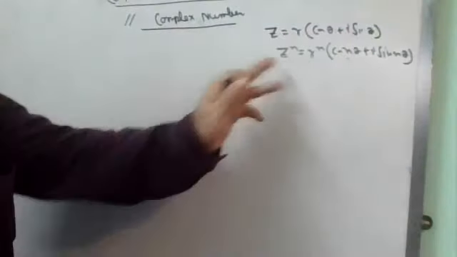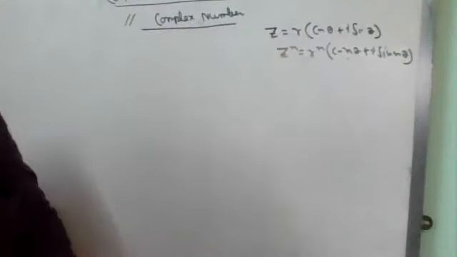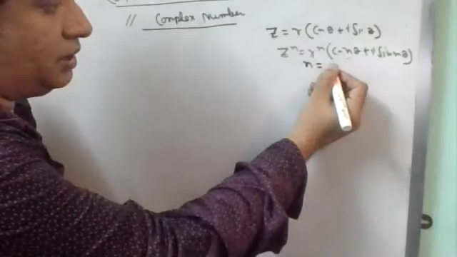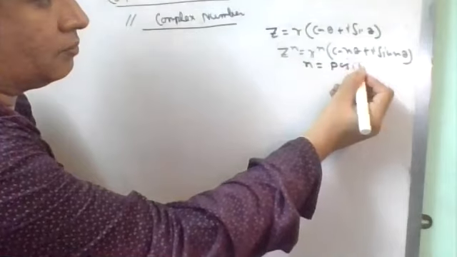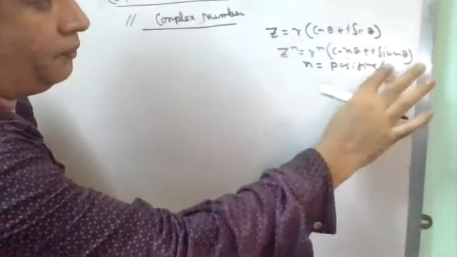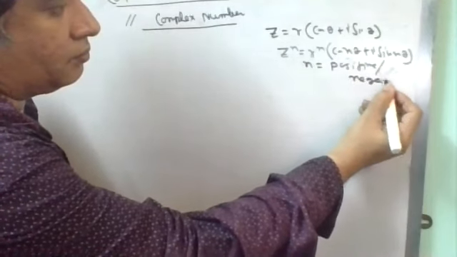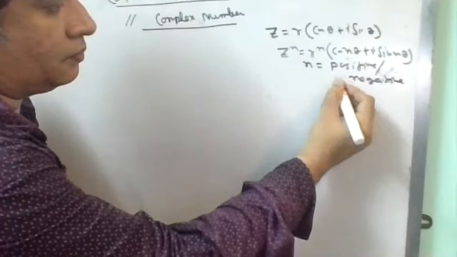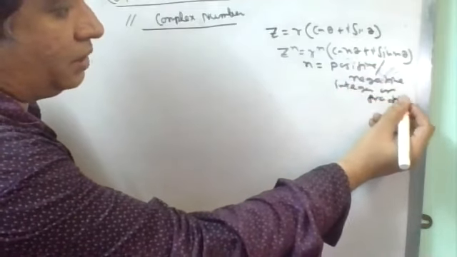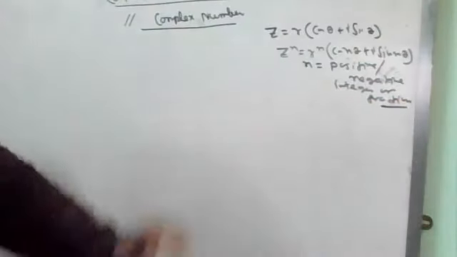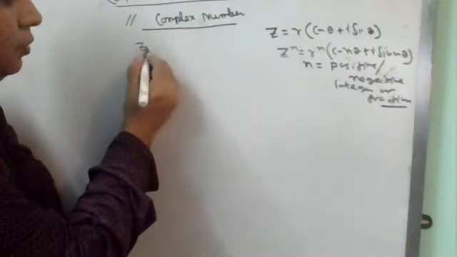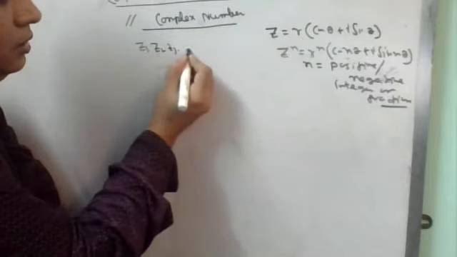We have got this property, where n is a positive or negative integer or fraction.